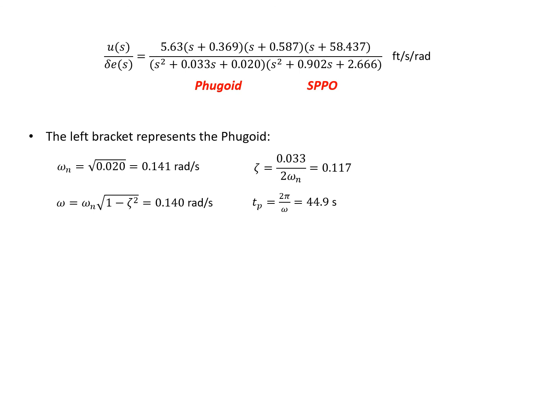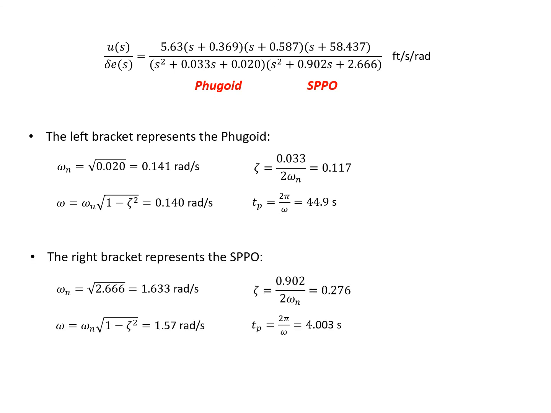We do the analogy with the simple harmonic equation, and we can get the natural frequency, damping ratio, frequency, and period. For the Phugoid mode for this aircraft, the period is about 45 seconds. For the short period pitching oscillation, the period is about 4 seconds, much smaller than the Phugoid. We use this example to demonstrate the difference between these two modes.